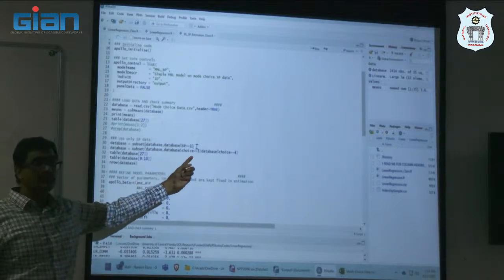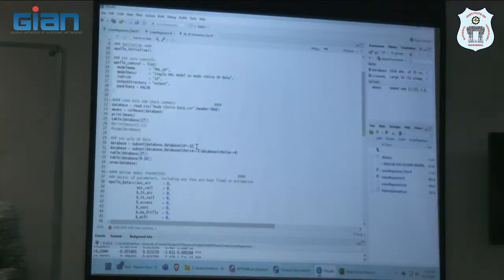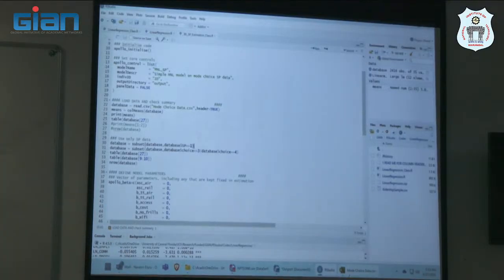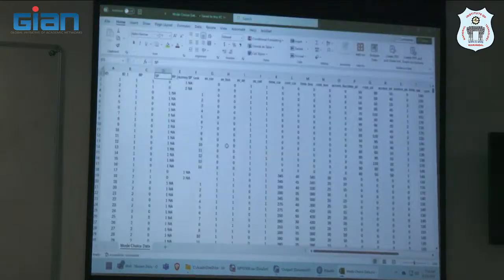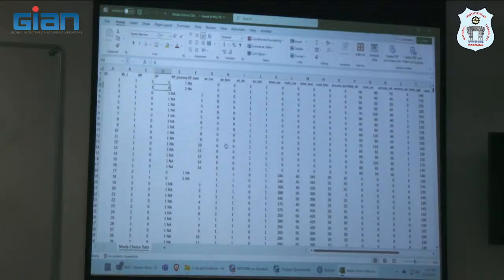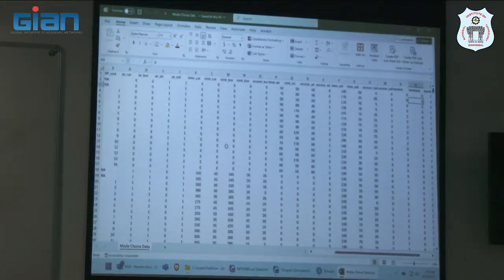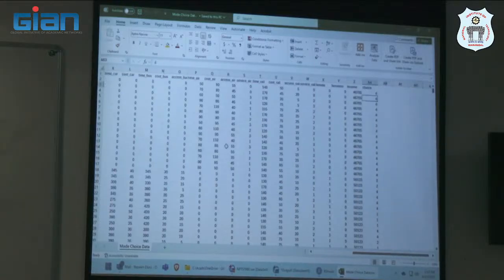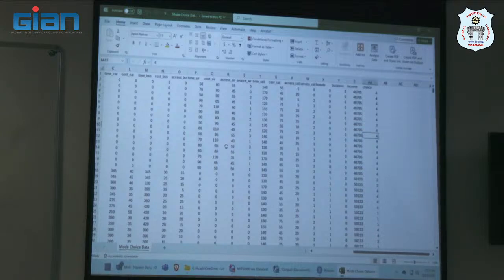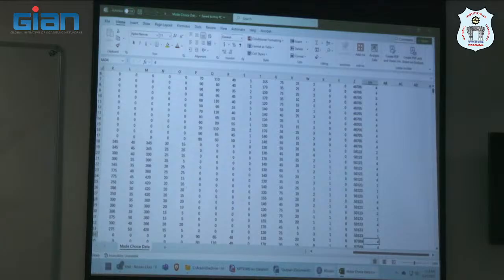So only choosing when the alternative is either 3 or 4, that way we are reducing the set. If you look at the data set here, it has RP and SP. So the first step in that code selects only SP, and the 0 rows are removed. Then it goes to the choice. Choice can be 1, 2, 3, 4. It's selecting only 3 and 4. So that's what it's doing with this step.